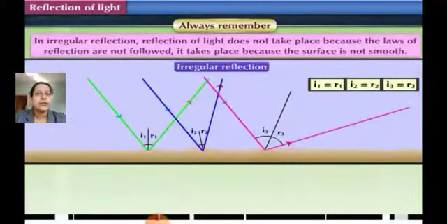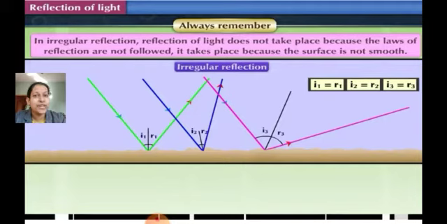Now, in irregular reflection, the reflection of light does not take place how it takes place in regular reflection. There, the parallel rays of light are incident, the angle of incidence is equal to the angle of reflection at all points, and you'll find that the reflected rays are also parallel. But in irregular reflection, it is not the same.